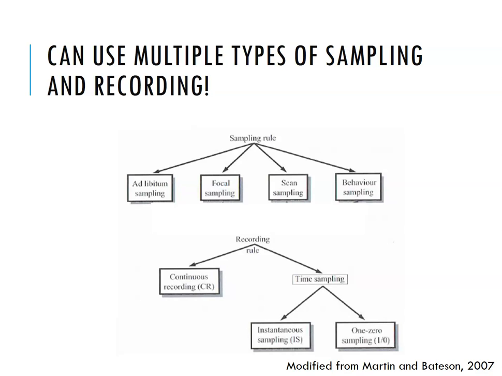So we went through these different ways of sampling: ad lib, focal sampling, scanning, specific behavior sampling, watching for specific behaviors, and then you can record those in a continuous or in a time sampling way.